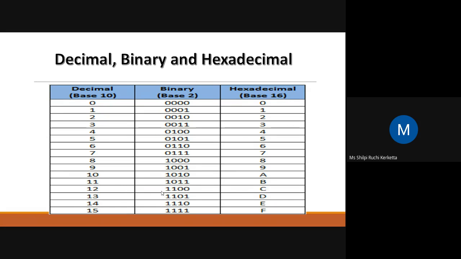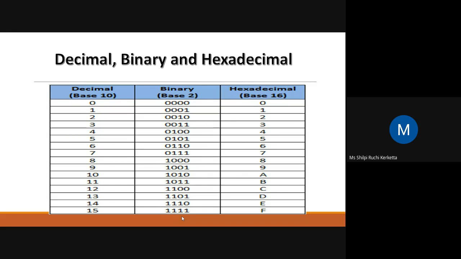It is 1111. That is the last number of a 4-bit number, or one nibble. What if we take 16? It will become 10000. We want to avoid 16 because we only need 16 values, 0 to 15.